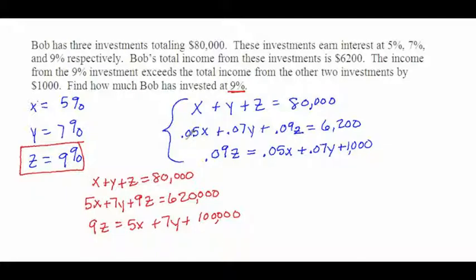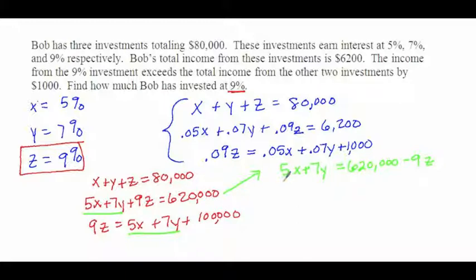Okay. Like I said, there's always several different ways you can see it, but I see this 5x plus 7y here, and this 5x plus 7y here. I'm going to take this equation and solve it to get that 5x plus 7y by itself. So I'm just going to subtract the 9z and put it on the other side.